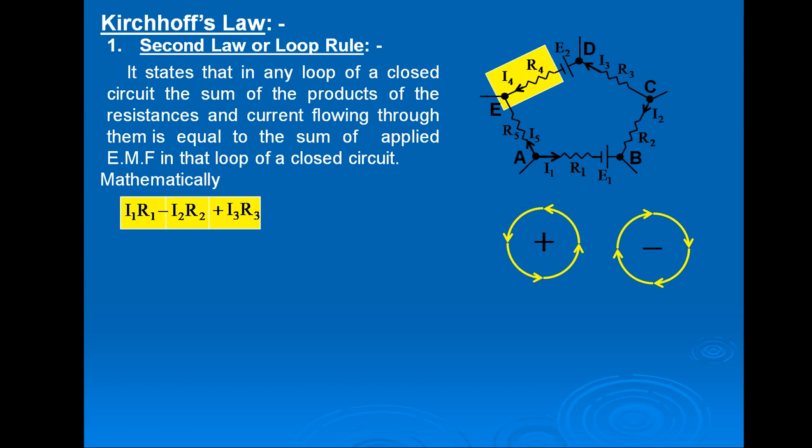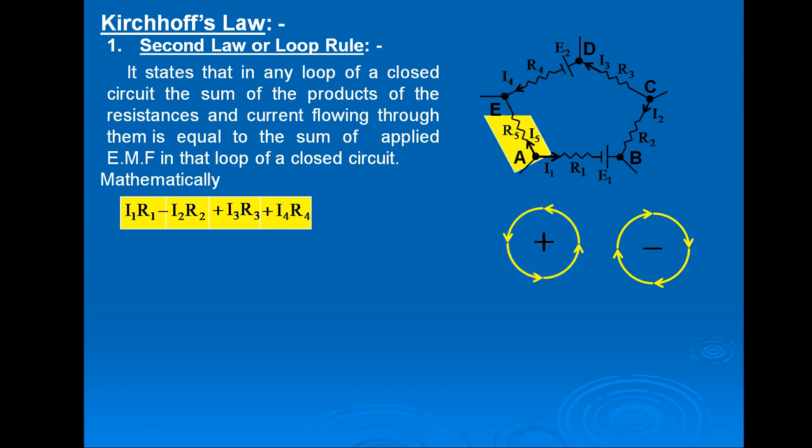In between point D and E, current through R4 is flowing again in anti-clockwise direction, so we get plus I4 R4.